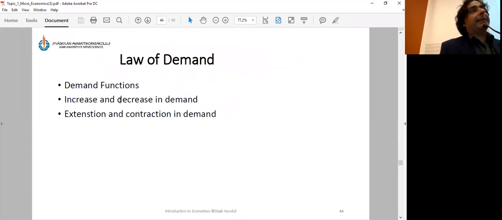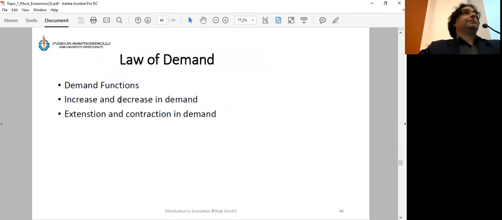The law of demand tells you, all else being equal, there is an inverse relationship between price and demand.